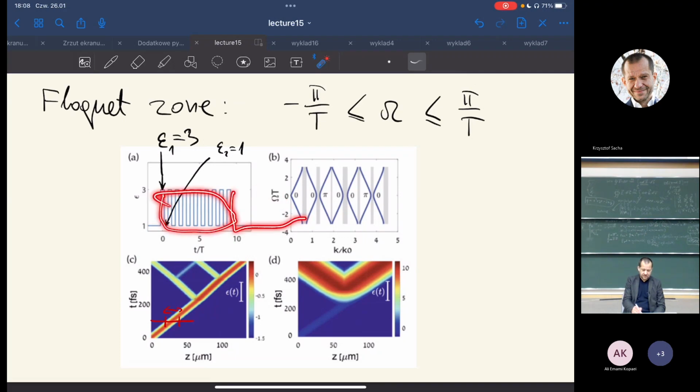Then it turns out that with the proper choice of this time crystal structure, this model behaves in a similar way to the topological SSH model. And then one can observe the edge states which are localized on the border between these two time crystals. So this field is also extremely interesting, and it is developing currently.